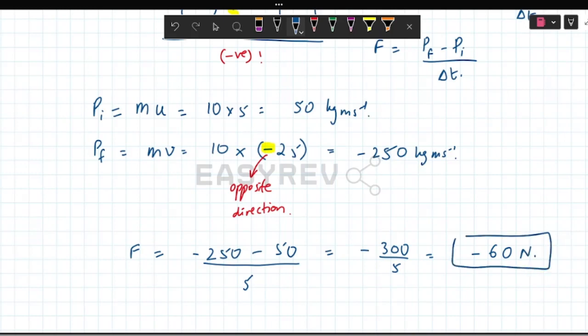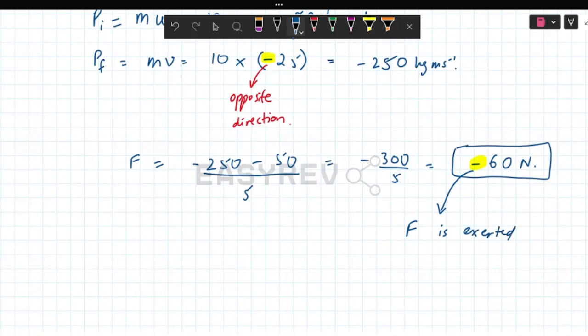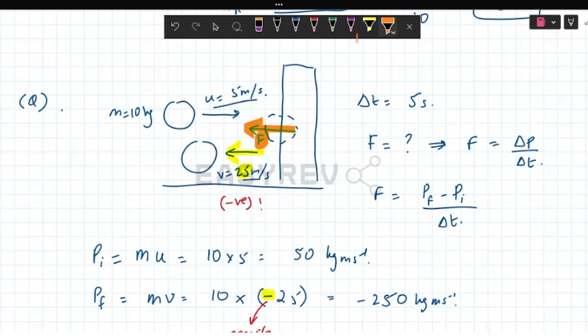Now the negative sign here shouldn't alarm us, because all that tells us is that our resultant force F is being exerted in the opposite direction. And that shouldn't present a problem, because if you look at our diagram, that makes physical sense, because my resultant force, highlighted in orange over here, is acting towards the left, which is precisely the direction where we have been usually associating our negative sign.